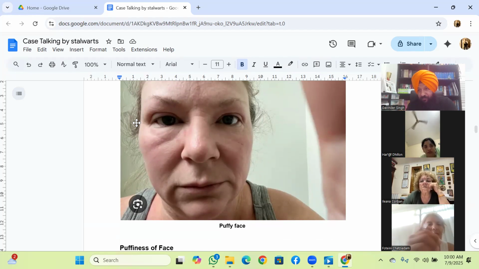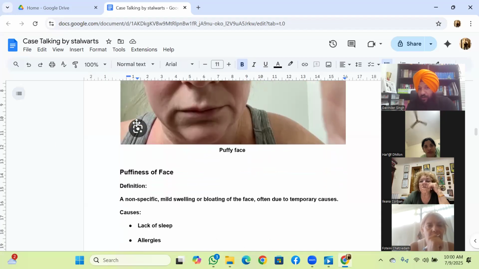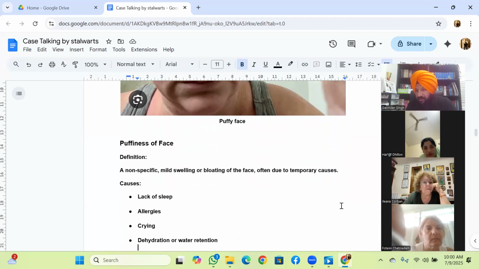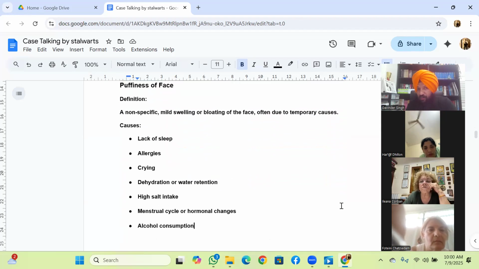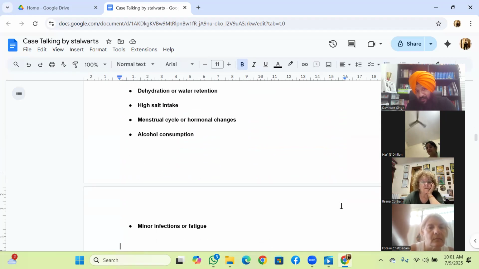Now, this is temporary. This is a non-specific, mild swelling or bloating of the face, often due to a temporary cause. The cause is temporary. It may be lack of sleep, allergy, crying, dehydration, water retention, high salt intake, menstrual cycle or hormonal change, or alcohol consumption.